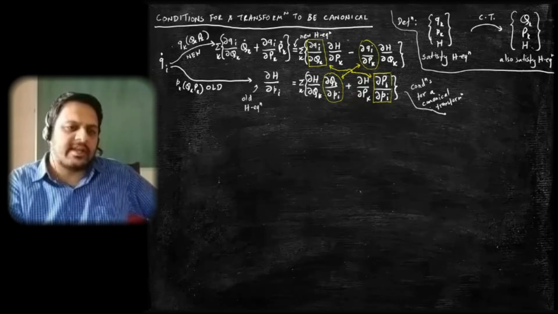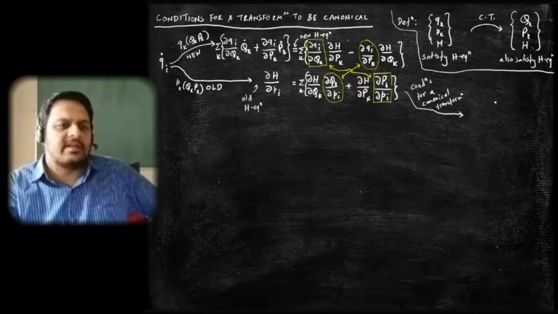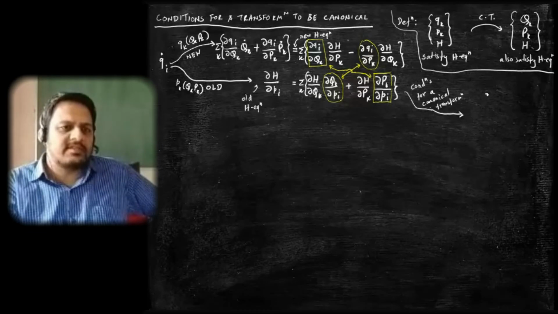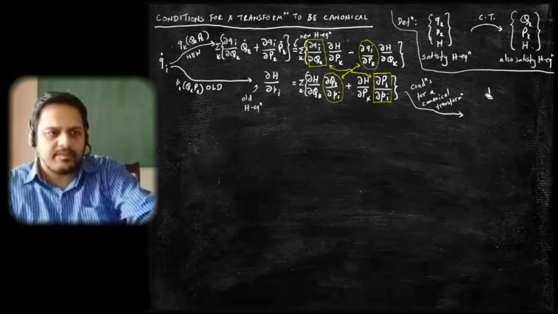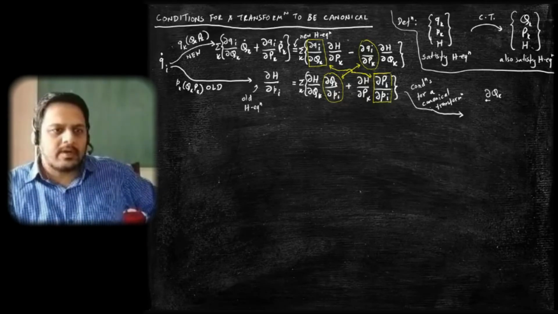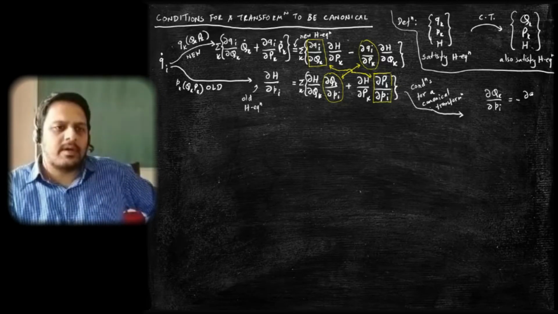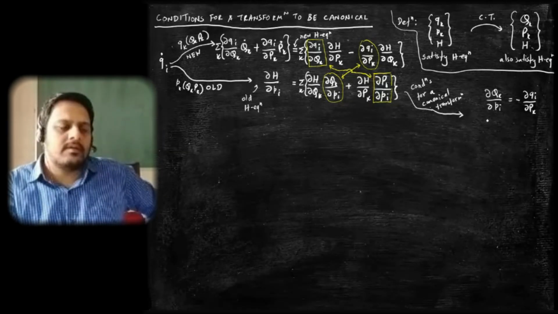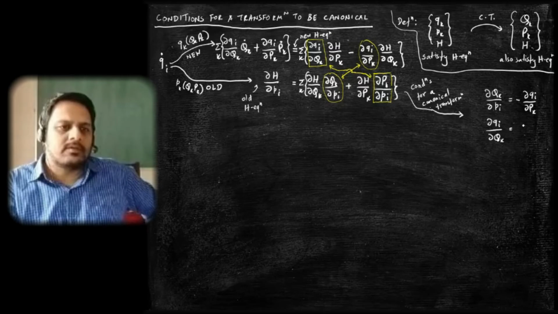Means basically, if the transformation is canonical, then these conditions have to be satisfied. What are the conditions? First condition is ∂Qk/∂pi will be equal to minus ∂qi/∂Pk, and ∂qi/∂Qk is equal to plus ∂Pk/∂pi.